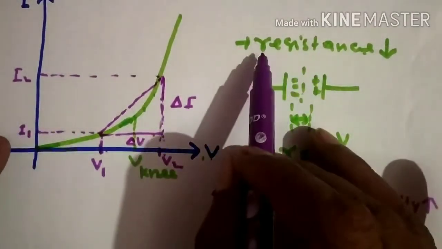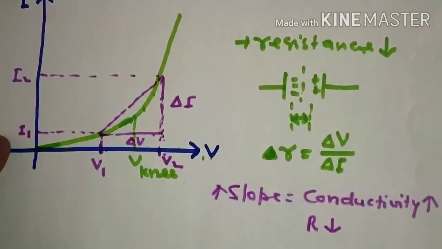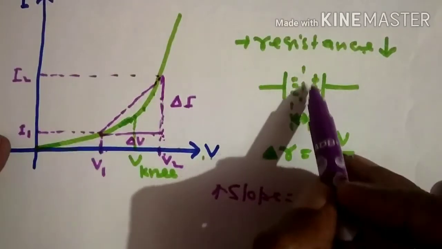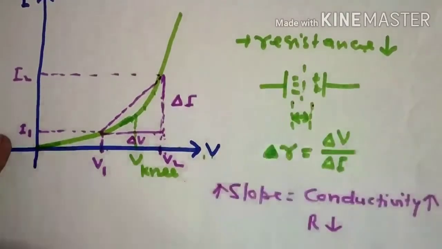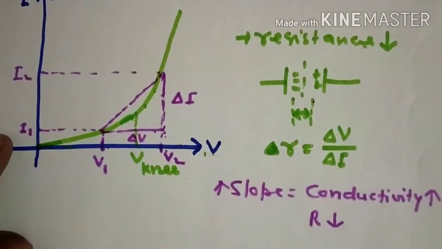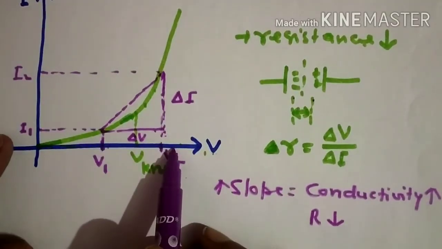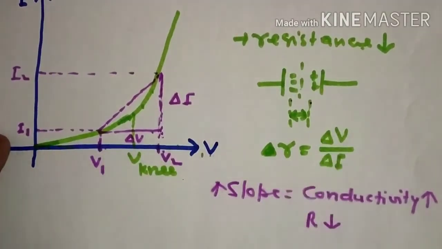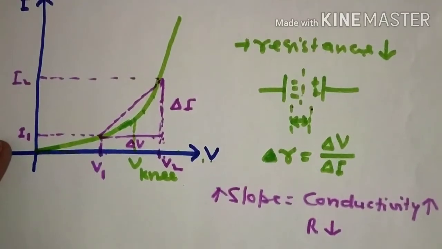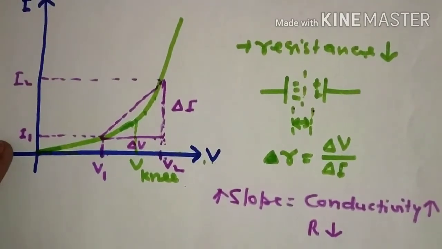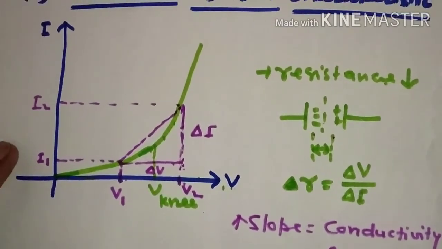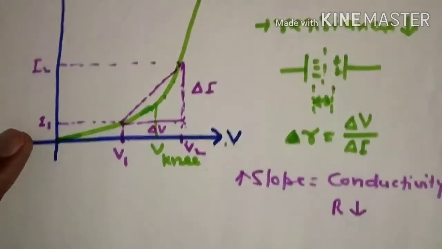So finally the resistance is not constant. The width of the depletion layer decreases, hence the resistance decreases, and when we increase the voltage, the resistance decreases rapidly.